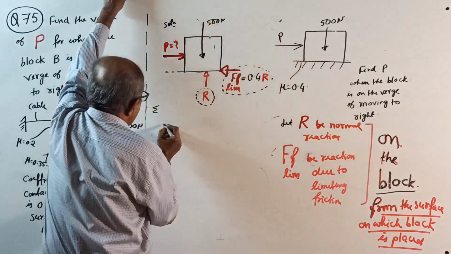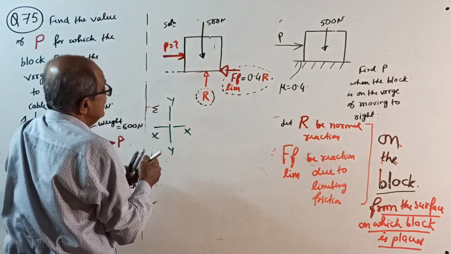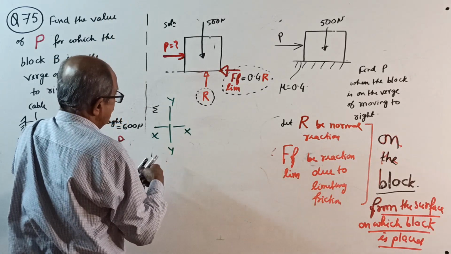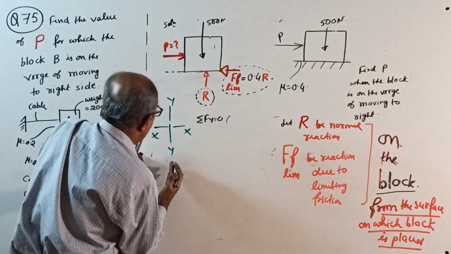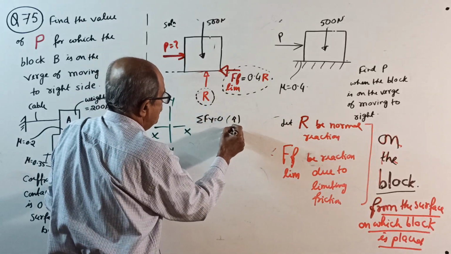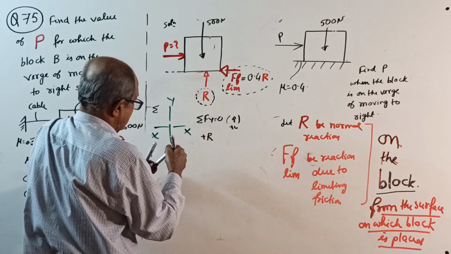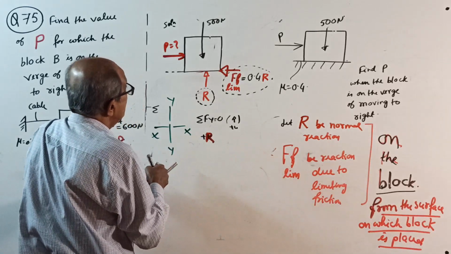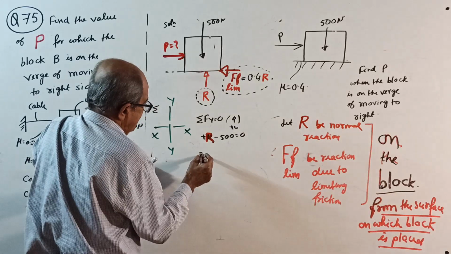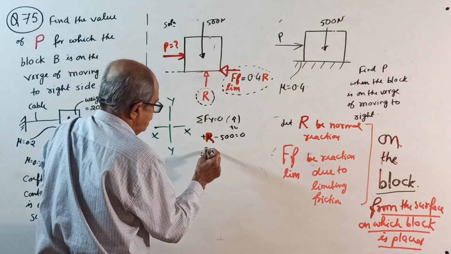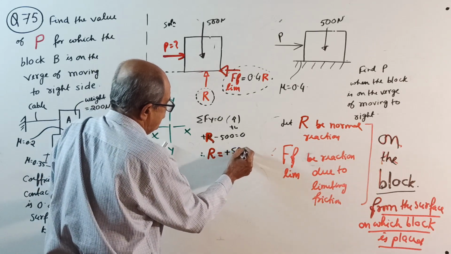Remember, this is your x axis, this is your y axis. Sigma Fy equals 0, taking upward positive, you get plus R minus 500 equal to 0. Therefore, your R equals plus 500 Newton.